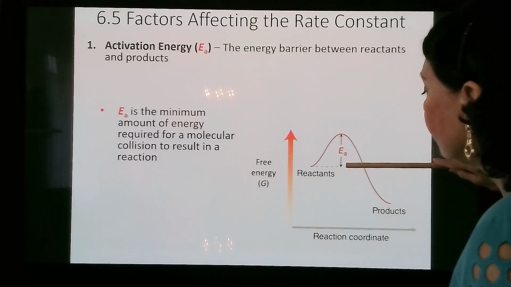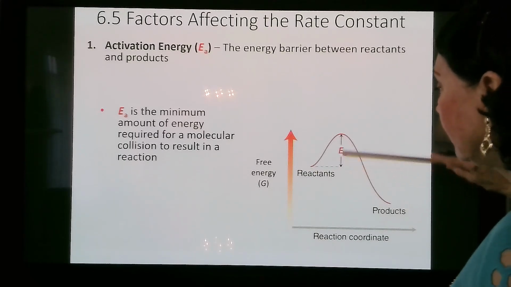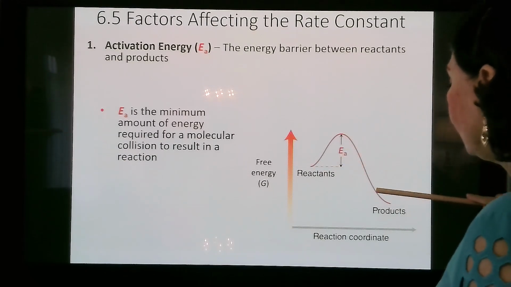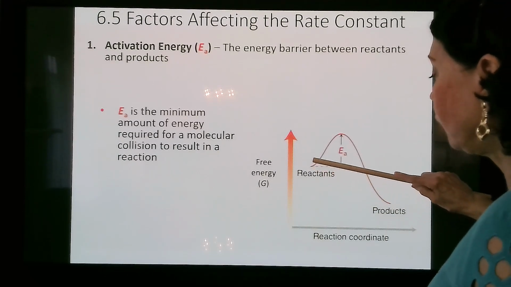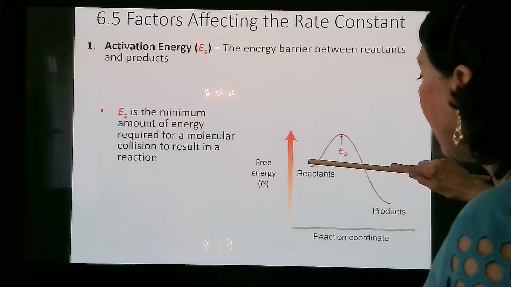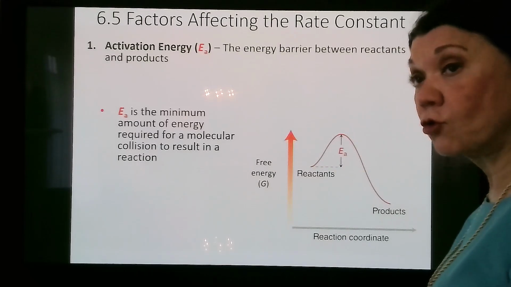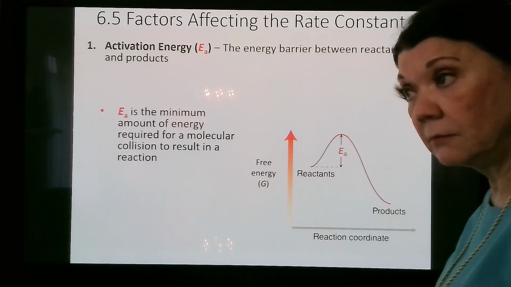And what it is, it's the difference in energy between the reactants and the top of this energy hill. This is a plot that gives you information on the energies of the reactants and the energies of the products, and it also shows the energy of the rate determining transition state. This is an energy maximum, okay?